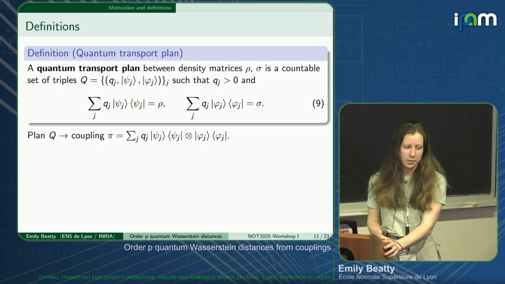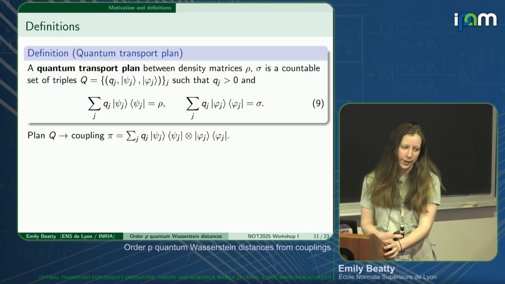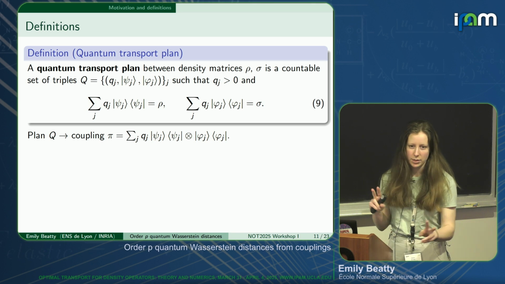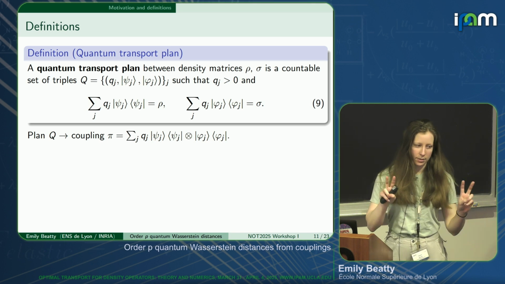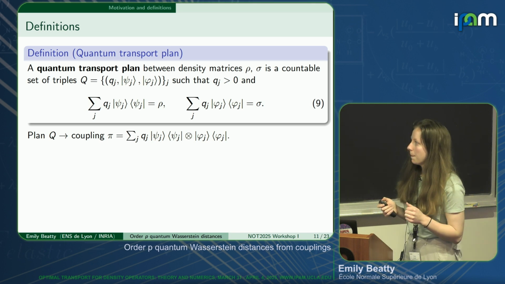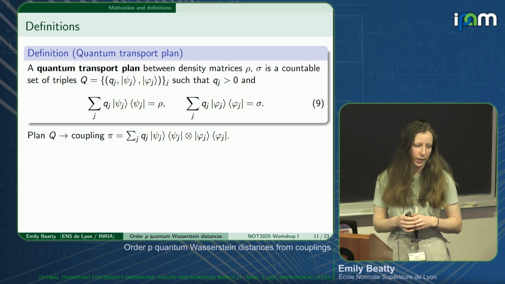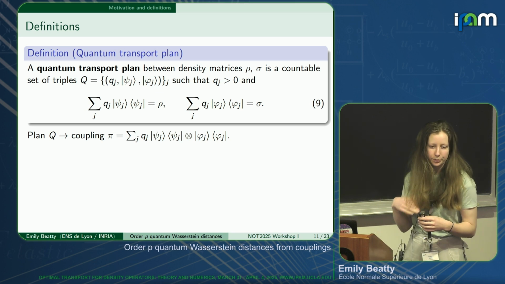In fact, in the finite dimensional case, any infimum that you care about is achieved at a finite size plan. So in that sense, in the finite dimensional case, you are automatically restricting to separable couplings. In the infinite dimensional case, you have couplings that are countably infinitely separable.